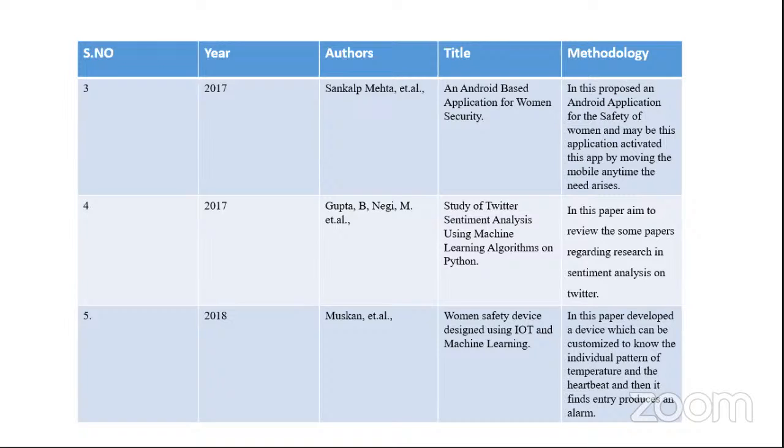The app detects the location, sends a message with GPS, and this location URL is also sent to the registered contacts in our mobiles. And next one, in 2017, Gupta B. Negi et al. proposed a study of Twitter sentiment analysis using machine learning algorithms on Python.